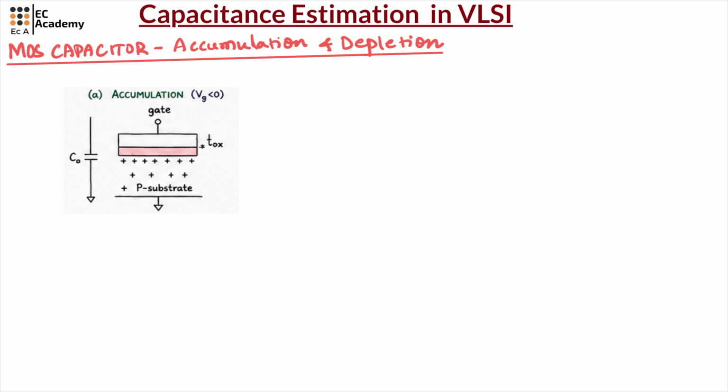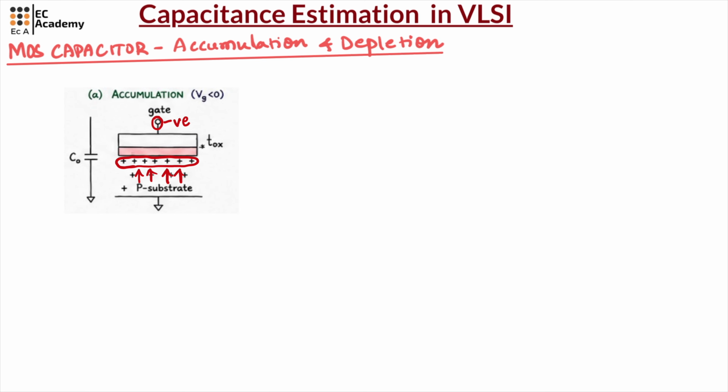Now let us see what happens to a MOS capacitor when we change the gate voltage VGS. First, accumulation mode, where Vg is less than 0. If Vg is less than 0, a negative voltage is applied across the gate. This negative voltage across the gate will attract holes to the surface.